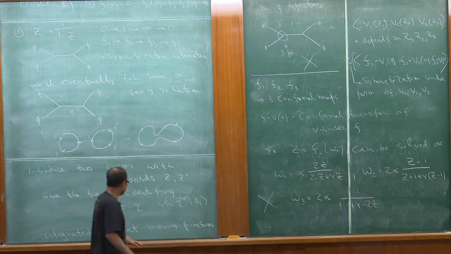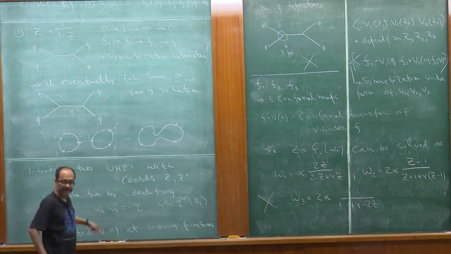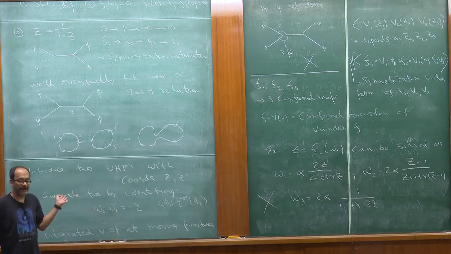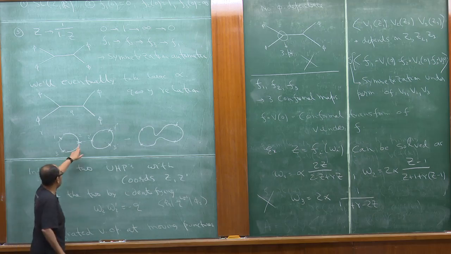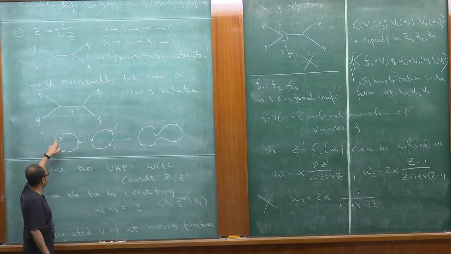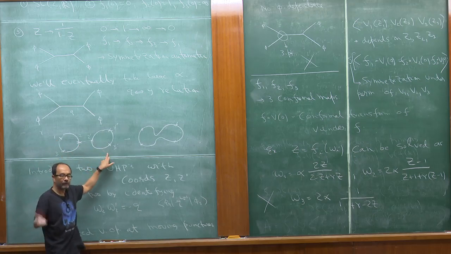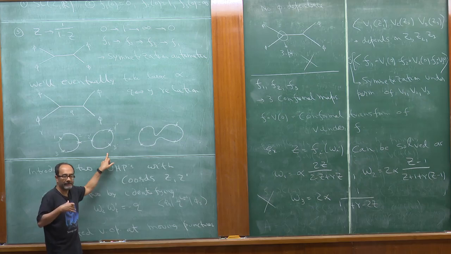The idea is that we just have to use this to relate z and z prime. Once you relate z and z prime, you have just the z plane and you know where the punctures are. One puncture at 1 you have already glued. So z equal to 0 and infinity, and then z prime equal to 0 and infinity, but you translate them into what they are in the z plane.